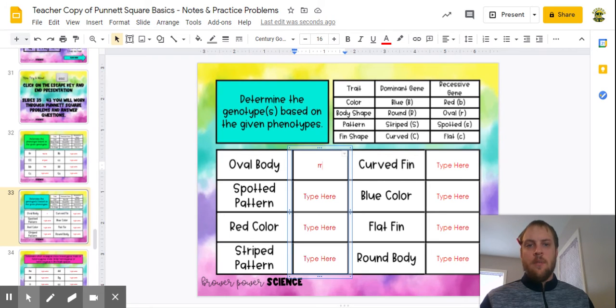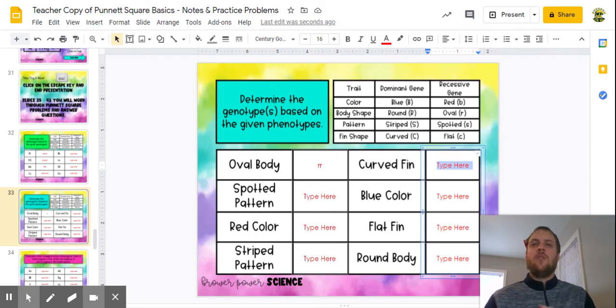So let's jump to this one right here on the right, curved fin. So fin shape, the dominant version of the trait is curved. So it's telling us that we have the dominant version of the trait here. This would be one of those examples where you could have two possible genotypes because it's not telling us whether it's homozygous or heterozygous. We kind of need to leave that possibility up in the air.